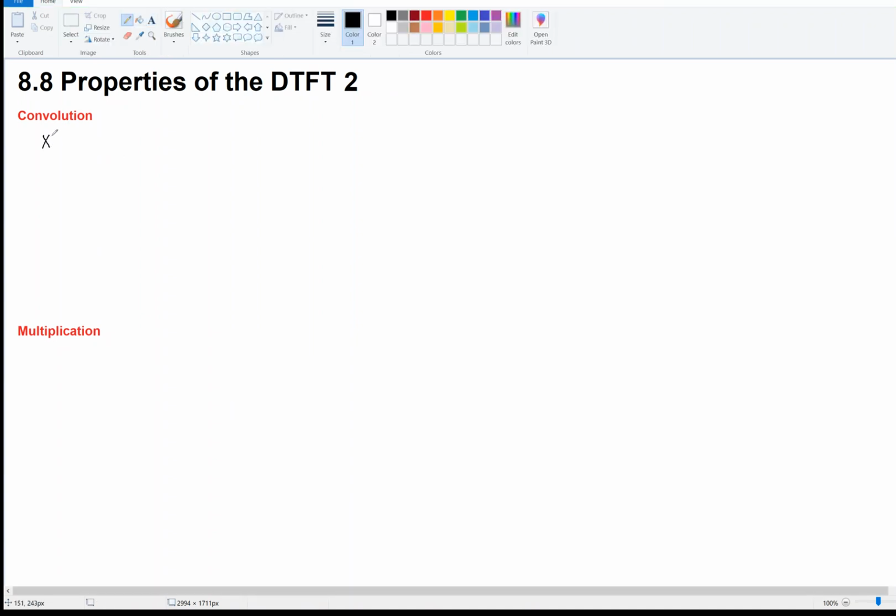Suppose x of n has Fourier transform capital X of e to the j omega, and y of n has Fourier transform capital Y. And what we see is that the convolution of x with h in time is the same thing as what we saw in continuous time, just so important that it's restated here.